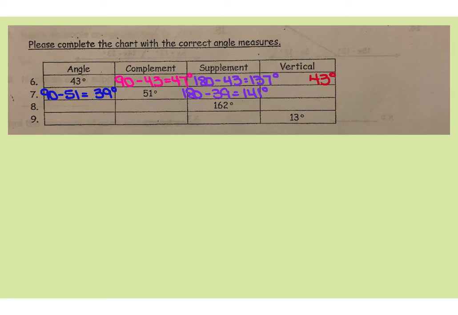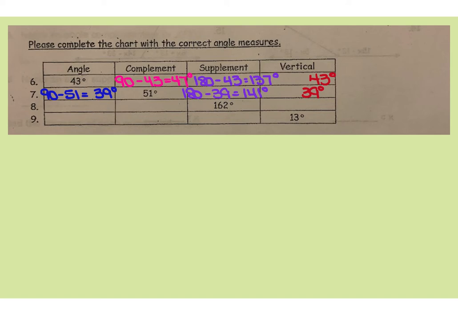And what would the vertical angle measure be to the original angle? 39 degrees. I'm going to give you about 60 seconds on the next 2 rows with you and your group. And I'll pause this so you can talk.